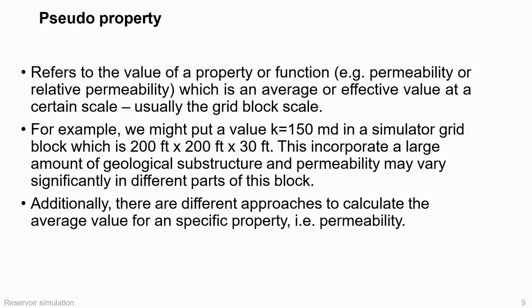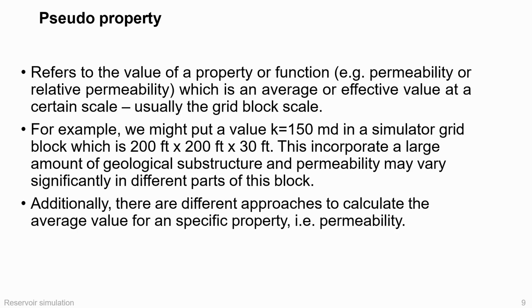This slide introduces pseudo-properties. A pseudo-property is an average or effective value used at the simulator grid block scale. For example, a single block may represent a large volume of rock with internal geological variability, yet the simulator uses one effective permeability value for that block.